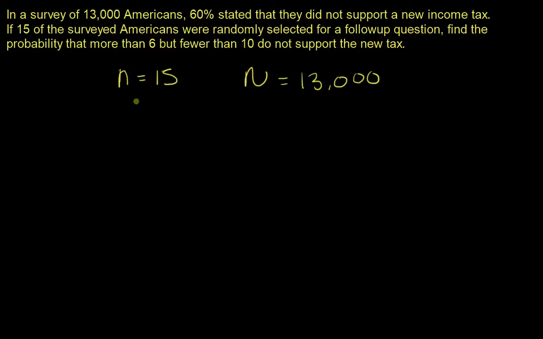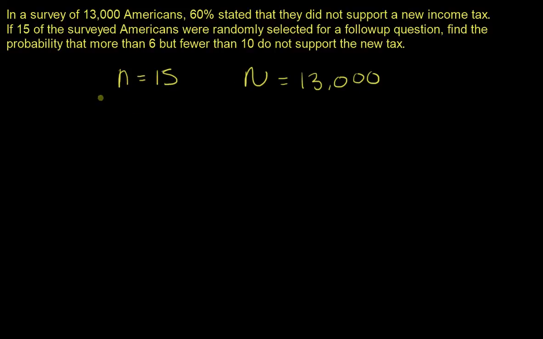But here we could just pause and notice we're not going to use the hypergeometric distribution here because 15 out of 1,300 is very small, right? If I were to take 15 divided by 1,300, I would get something that's less than 0.05. So the binomial approximation is good to go for this scenario.